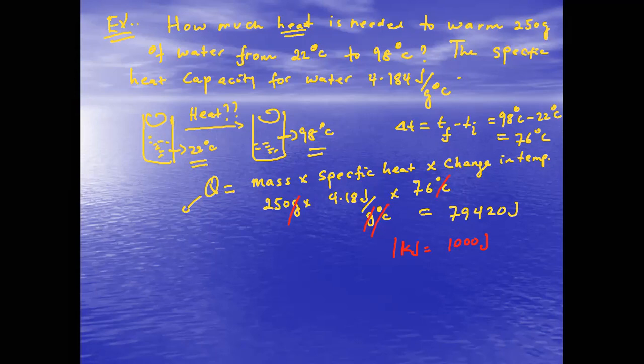So 79,420 joules converted into kilojoules gives me 79.420 kilojoules. Can you guys verify that? And then with significant figures, it's going to be 79.4 kilojoules. You agree with me?